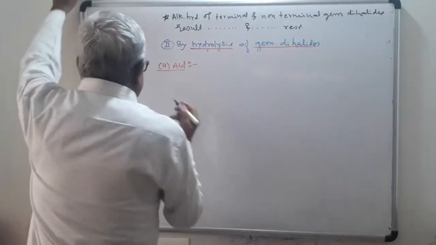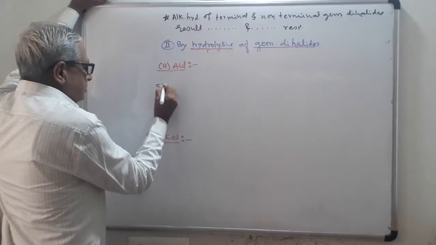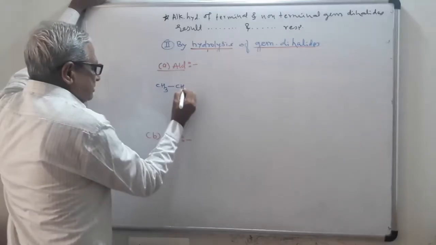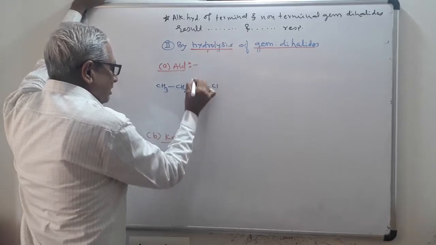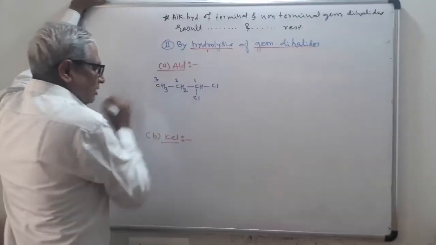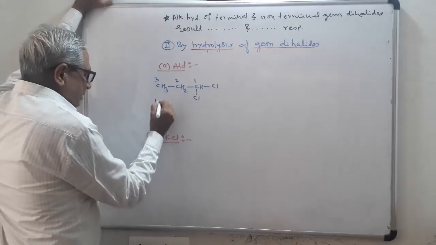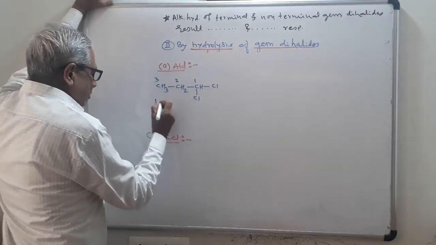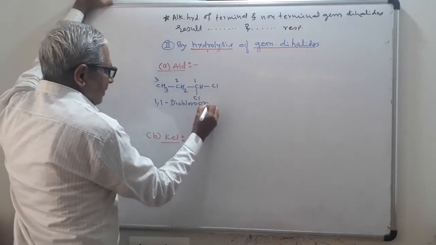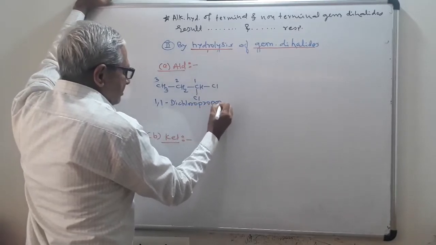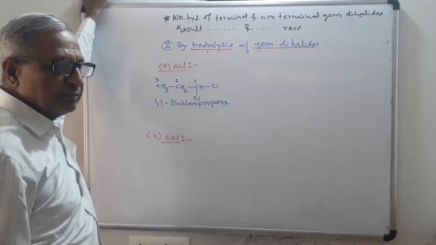Now see, use here a terminal geminal dihalide, CH3 CH2 CHCl2, carbons 1 2 3. The name of this compound is 1,1-dichloropropane. This is the IUPAC name.